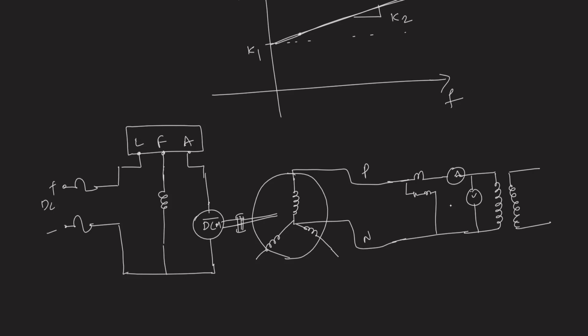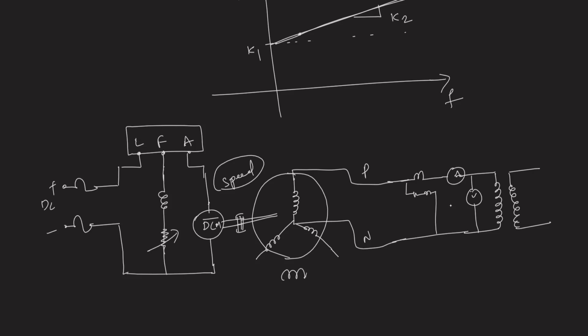I should have a variac, a variable rheostat in the field circuit of the shunt motor, such that the speed of the alternator is controlled. This DC motor is controlling the speed of the alternator.